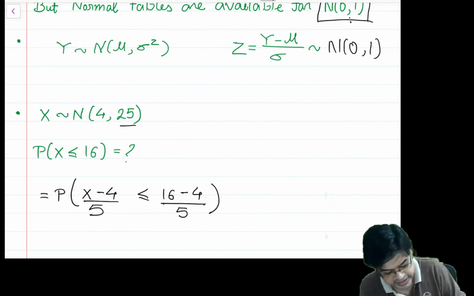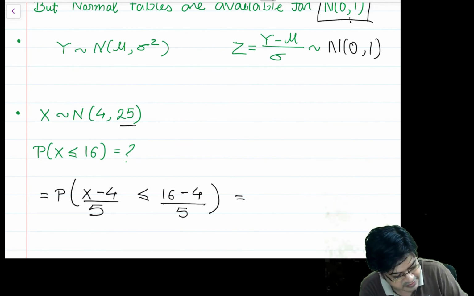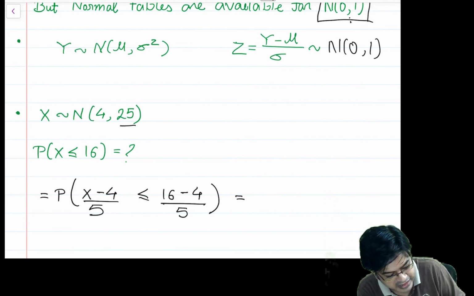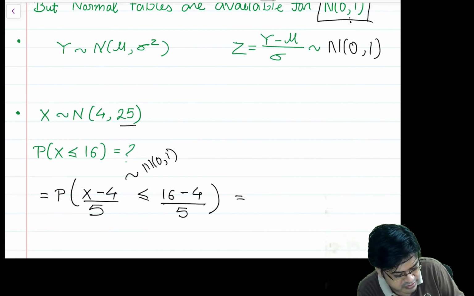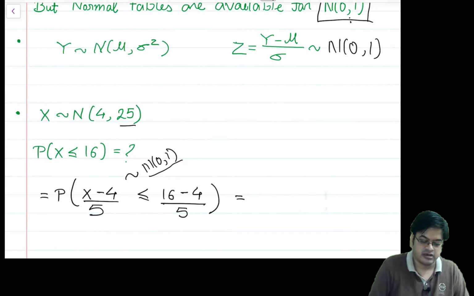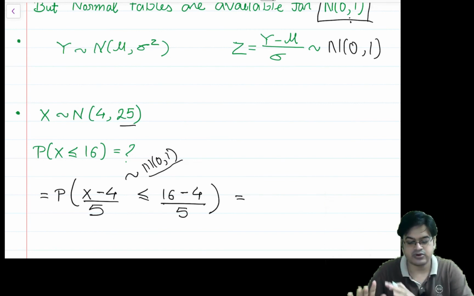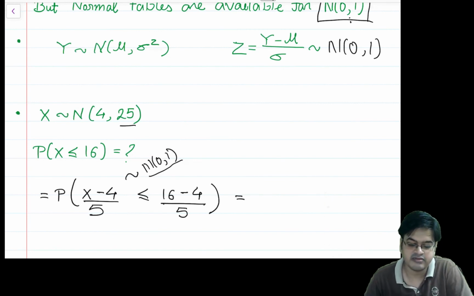But what is more interesting is this particular thing has a form x minus mu by sigma, and therefore this will have a standard normal distribution. Now I can appeal to a so-called table of standard normal random variable and find the answer.